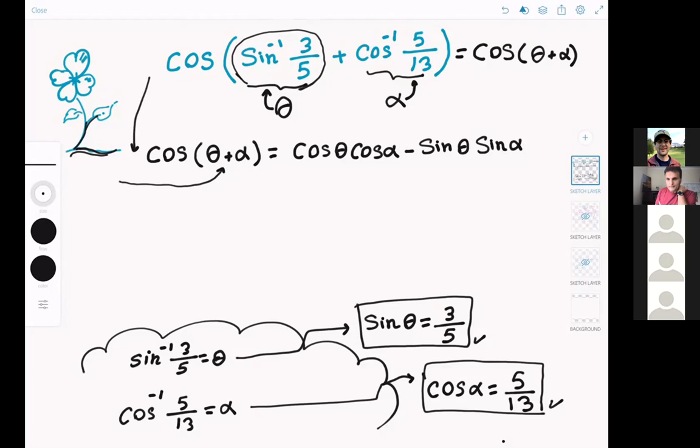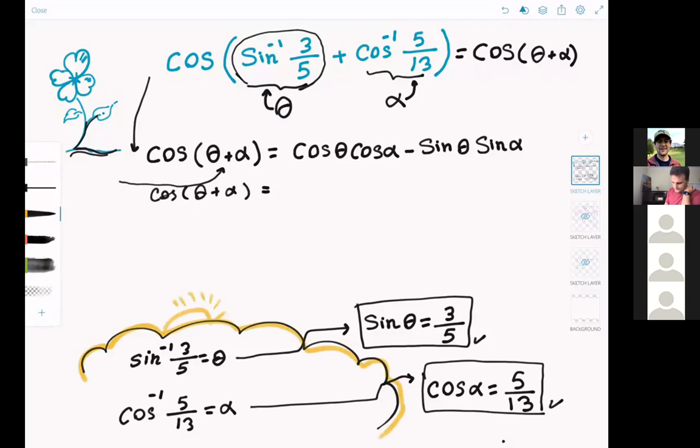So now let's see, what do we have? We have the equal sign here. We are looking for cosine of theta plus alpha. Do we have on this orange cloud, the sunny cloud, cosine of theta?